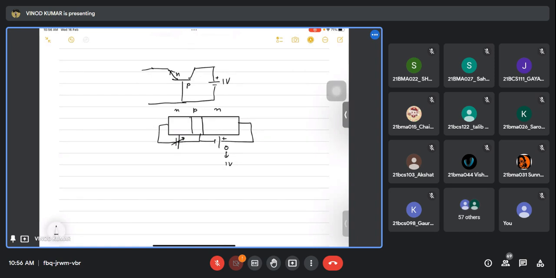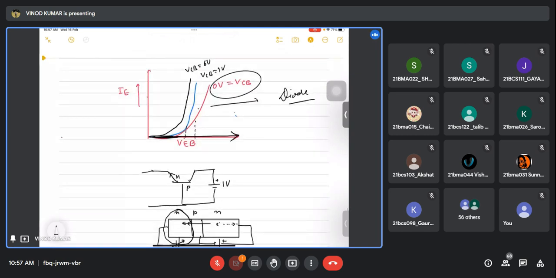Positive means electrons are going to be attracted towards this side, and holes will be moving towards this side. So net current is going towards this side. It is more helpful in increasing this IE actually.